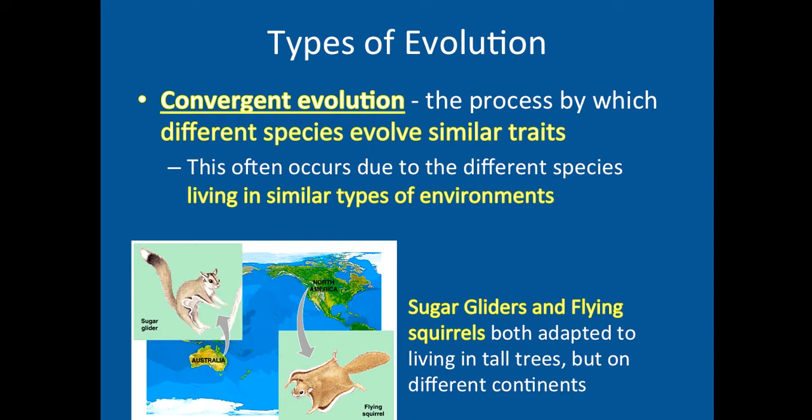They do not share a common ancestor. The reason why they look so similar is because they live in similar types of environments. So this type of evolution, convergent evolution, occurs in different species, and they look similar even though they have a different ancestor.